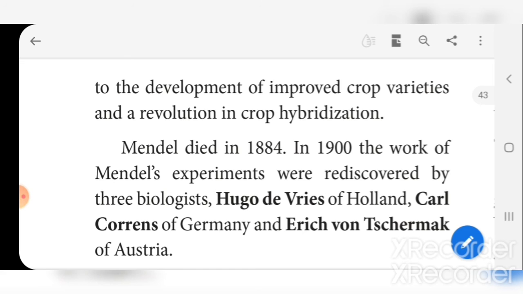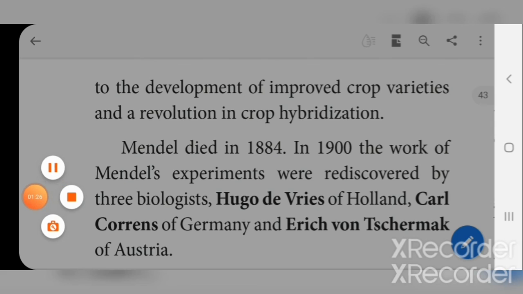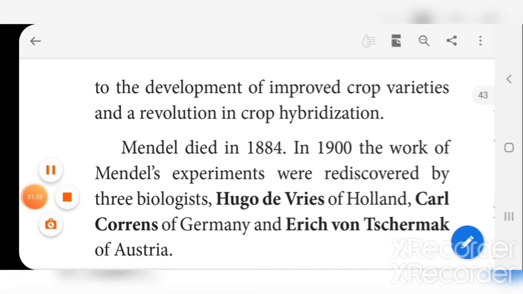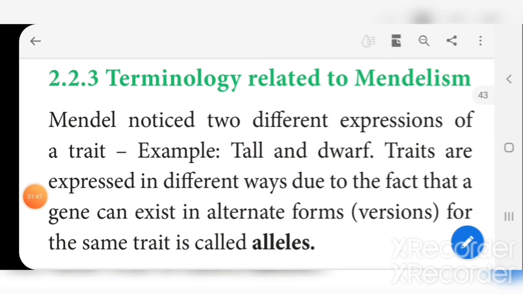Hugo de Vries of Holland, Carl Correns of Germany, and Erich von Tschermak of Austria. These three scientists individually rediscovered Mendel's work.